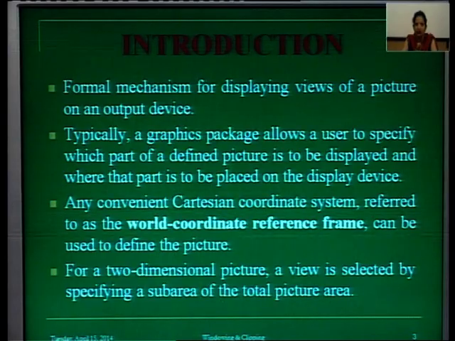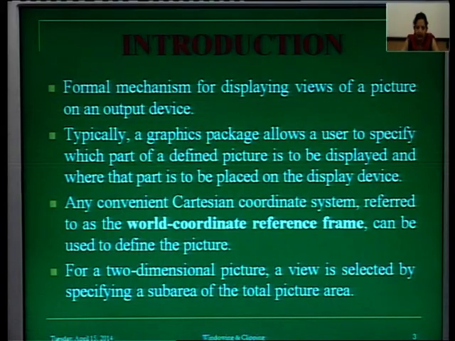So till now we have just prepared the objects for the scene. In this lecture, I will explain the formal mechanisms for displaying the views of a picture on an output device.